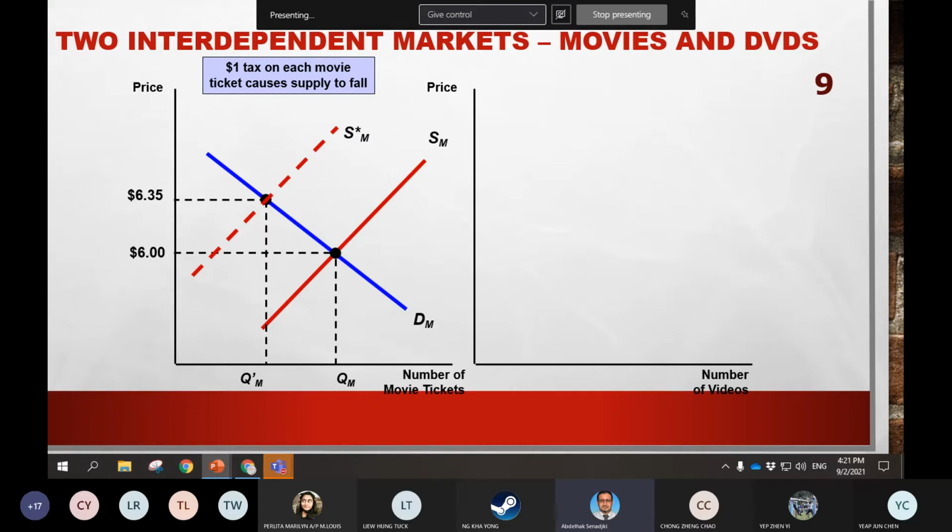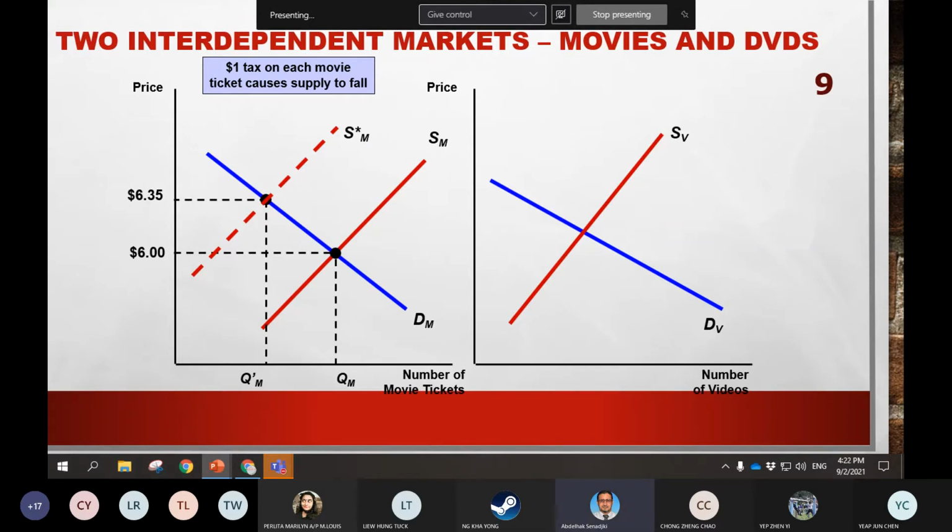First, we are going to look at the effect of the movie tax that the government imposed on the DVD market, or the number of DVDs rented. And second, we will see whether there is any feedback effect from the DVD market to the movie market. So this affects this, then the feedback comes back from here to there.